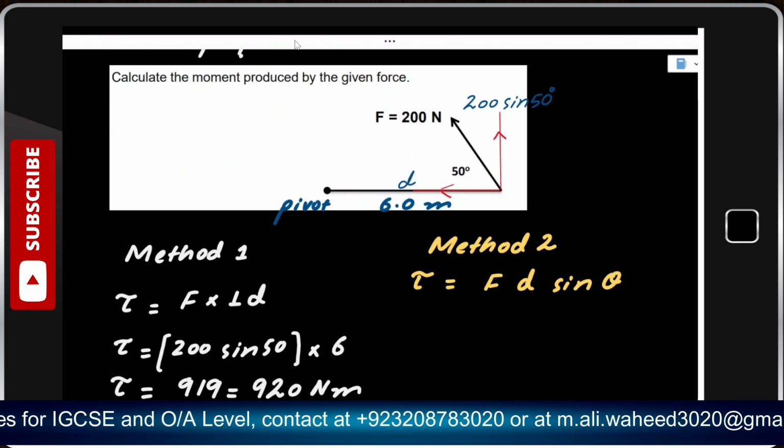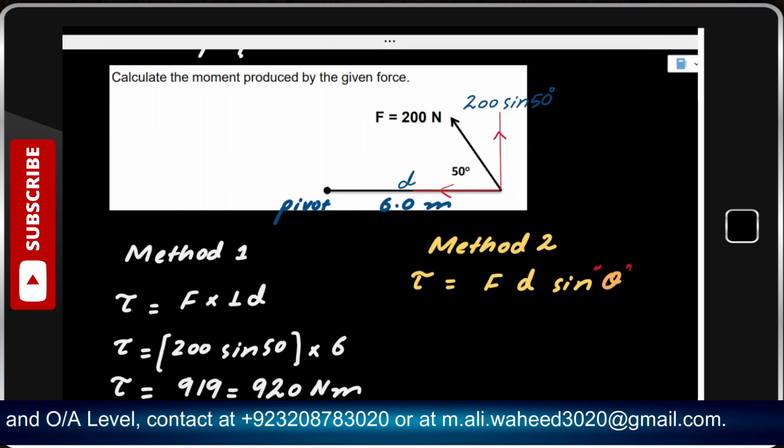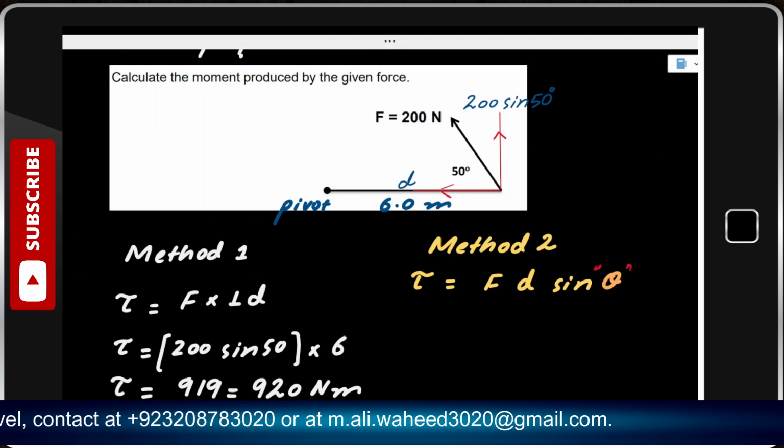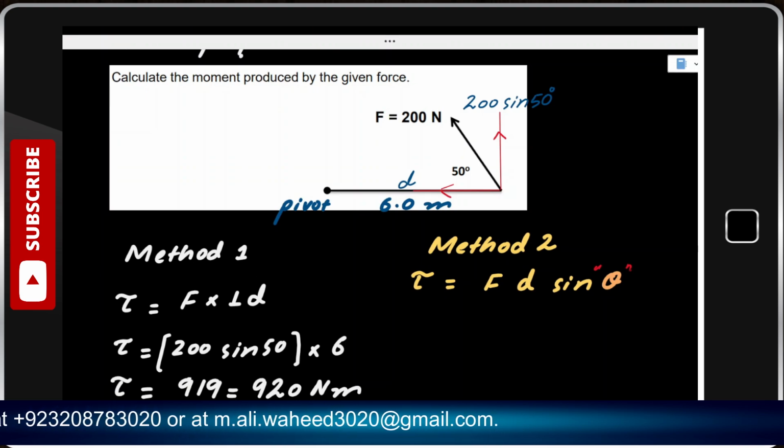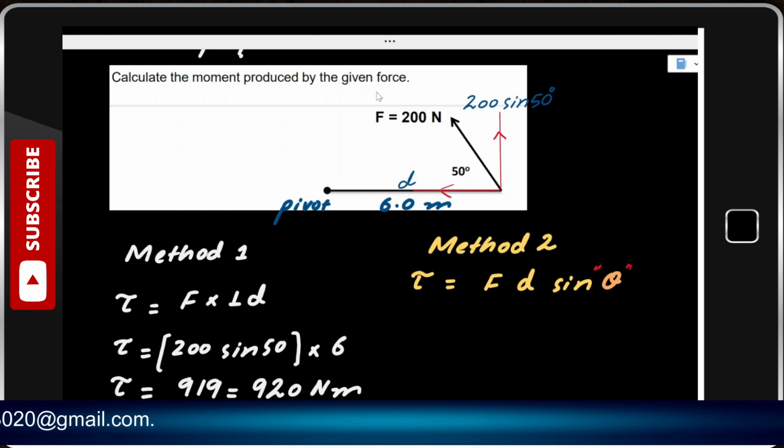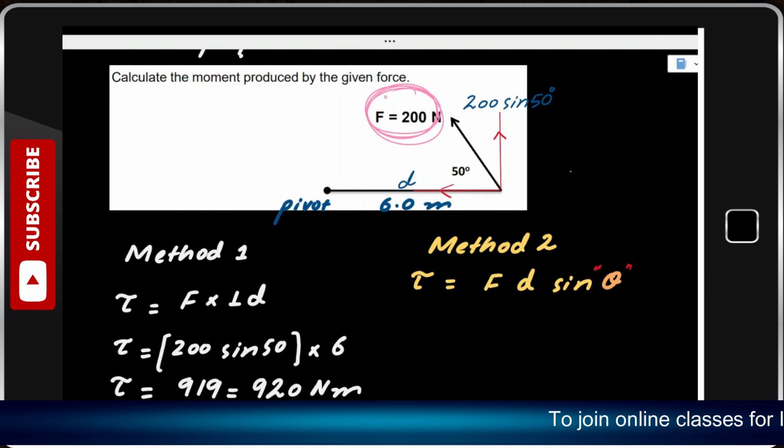When you use the expression F d sine theta, the angle is the angle between the force and the distance. So the angle between the given force, not the components. The components are not even there. This is the second method.